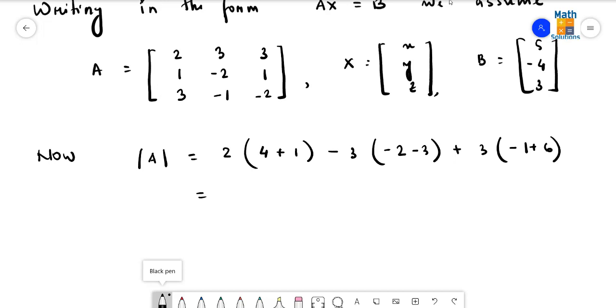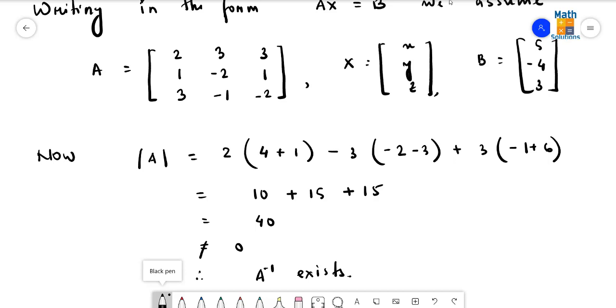So it will be 10 plus 15, and plus 15. So ultimately the result comes as 40 here, which is not equal to 0. Therefore I can write A inverse exists.